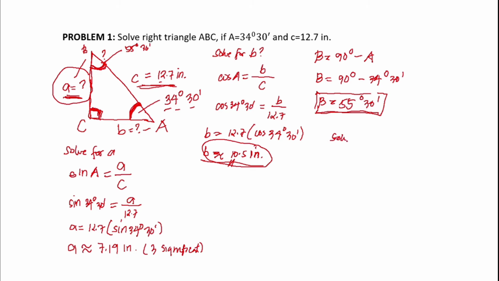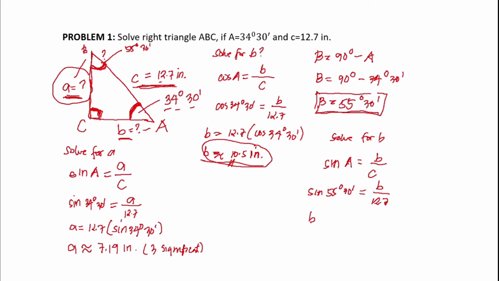So for B, B is equal to sine, because opposite over the hypotenuse. So this is the opposite of this angle, and this is the hypotenuse. So therefore, sine A is equal to the opposite, which is B, over C. So sine 55 degrees and 30 minutes is equal to B, the unknown, over C, which is 12.7.